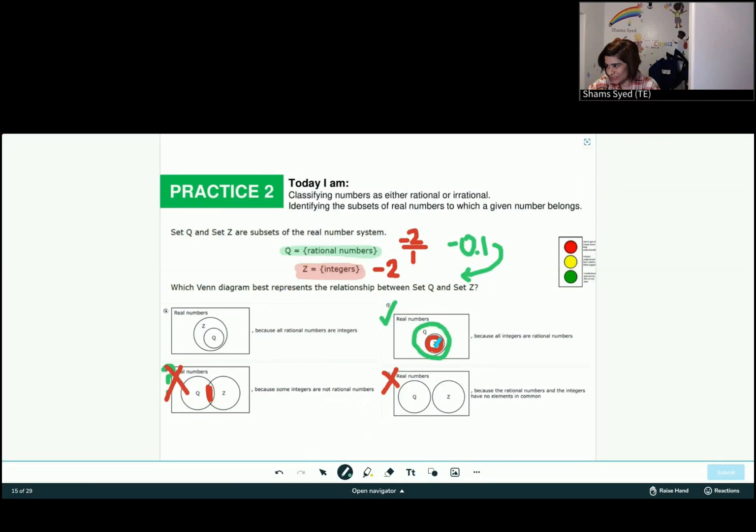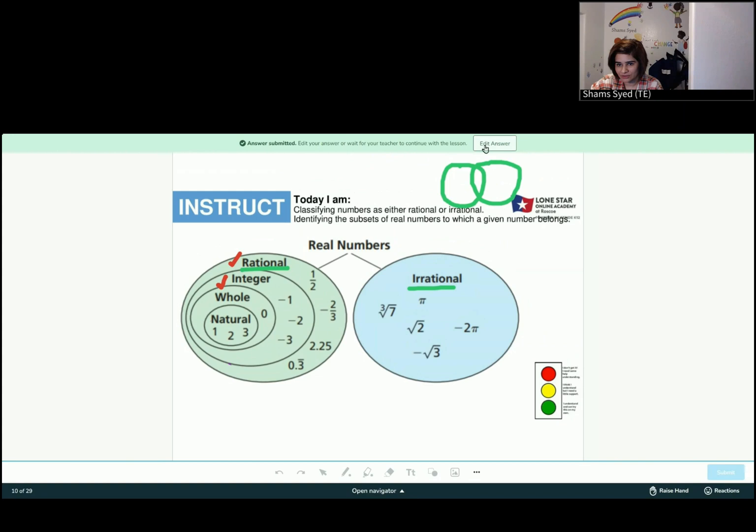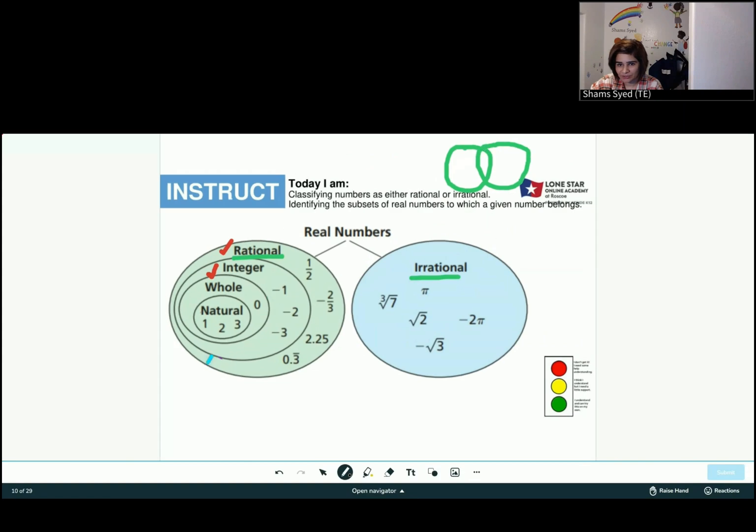If you want to review the notes for this, I encourage you to have this Venn diagram always saved, and it tells you rationals is the bigger circle and it includes integers. Julia, does that make sense? It is not the other way around. All these are smaller classifications of rational numbers.